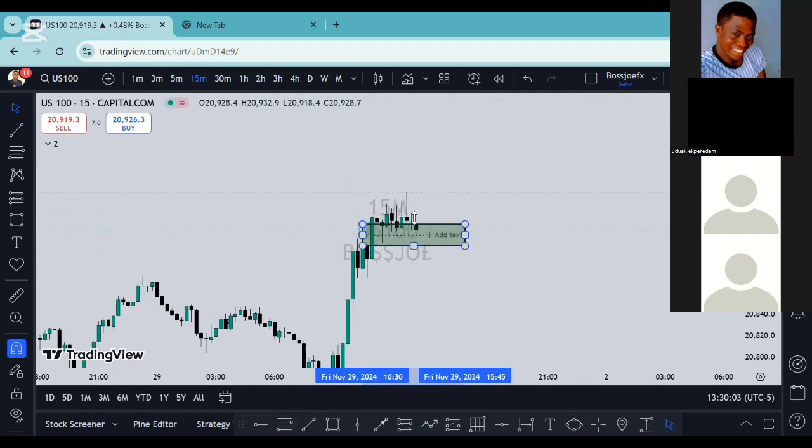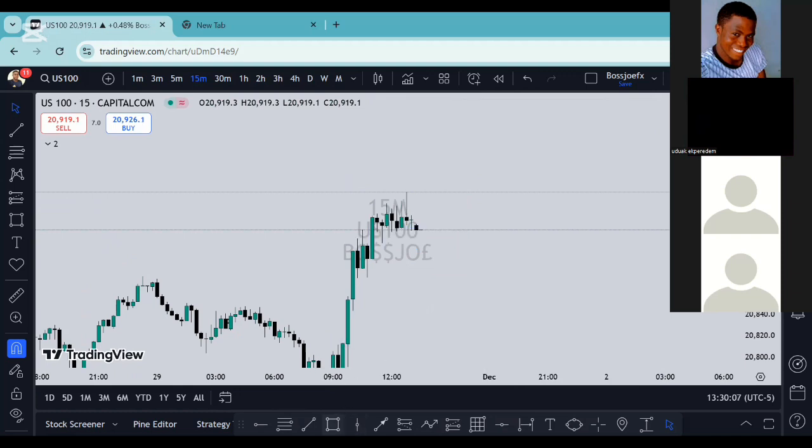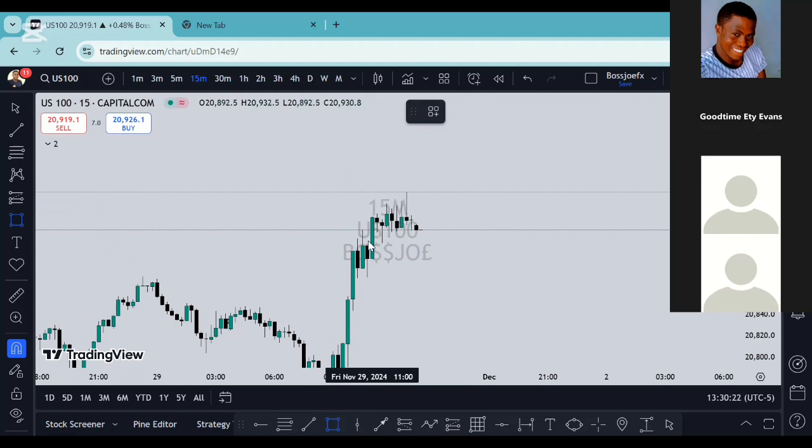If you notice, there's a gap between this black candle, which is my bearish candle, another engulfing candle right here, and another candle right here. Have you seen that? Yes, sir.